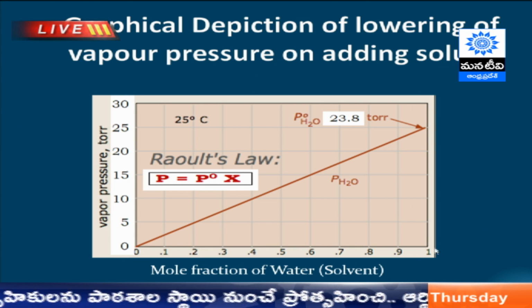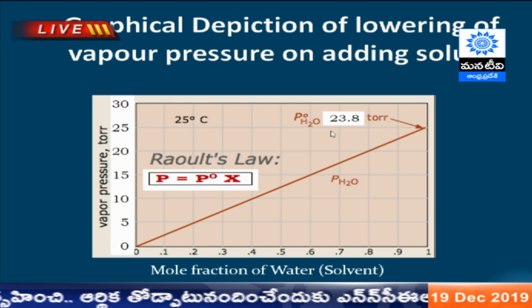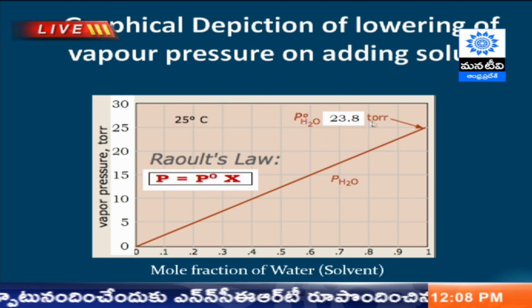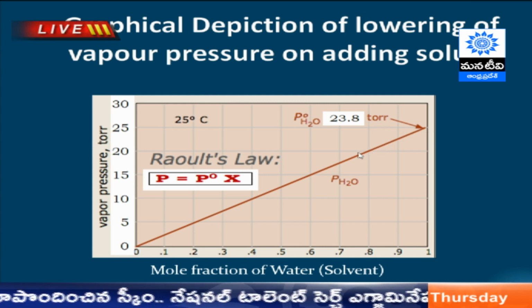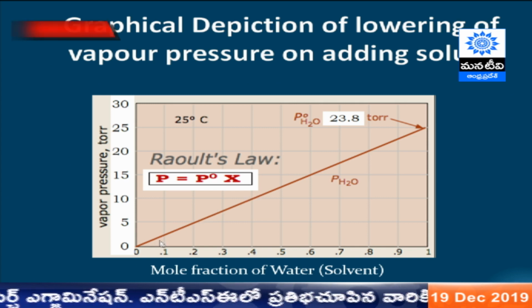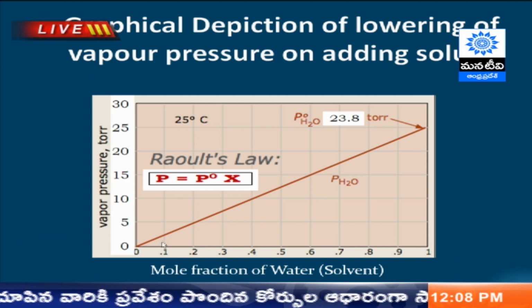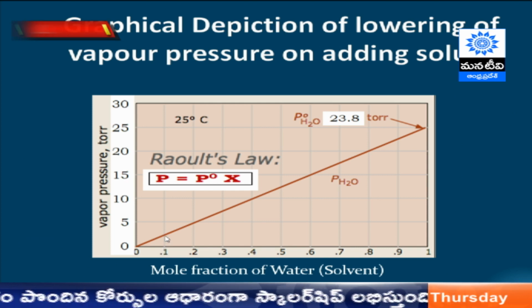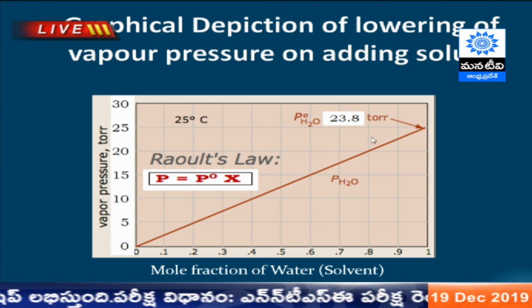You can see when you take 1 mole of pure solvent, the vapor pressure of the pure solvent is 23.8 torr. Now, on subsequently adding the solute, there is a decrease in the vapor pressure, and if you observe at a 0.1 mole fraction of water as solvent, the vapor pressure will be 2.38.